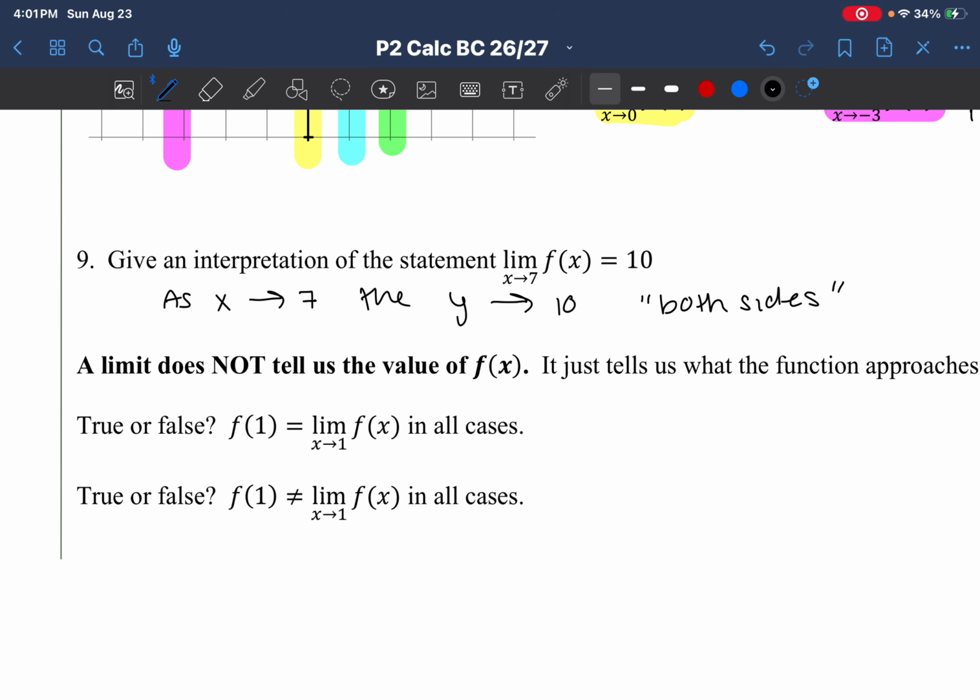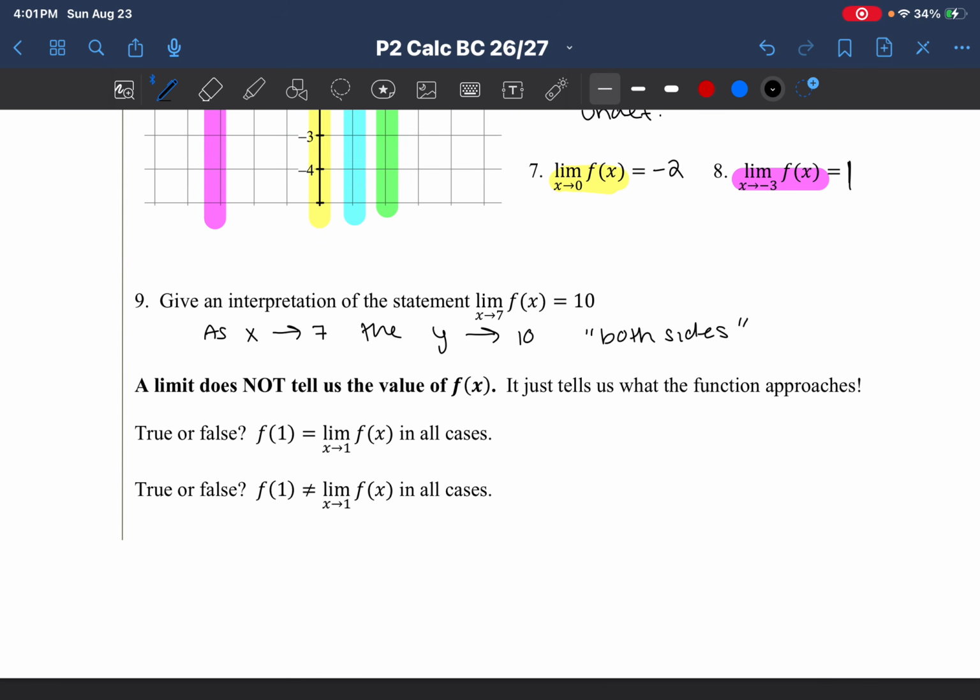And we'll talk about that more in the next notes. It says a limit does not tell us the value of f of x. It just tells us what the function approaches. So it says f of 1 is always equal to the limit as x approaches 1 of f of x. That is false. F of 1 is never equal to the limit of f of x as x approaches 1. That is also false.